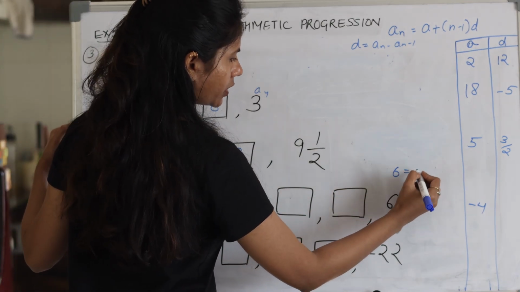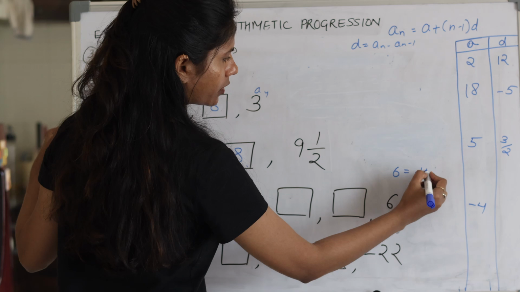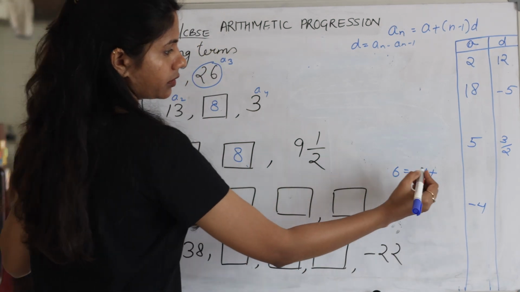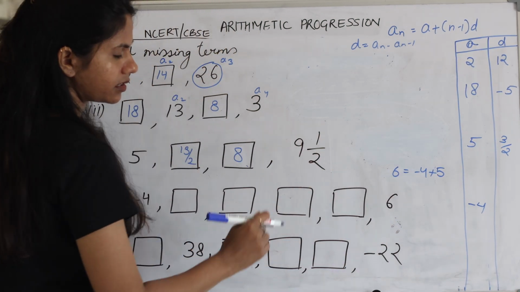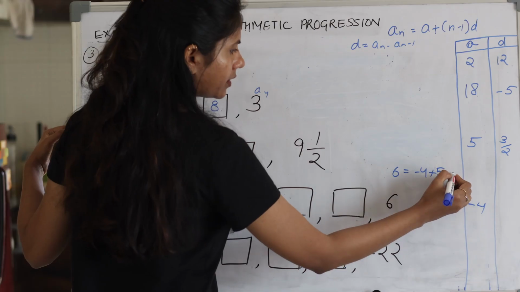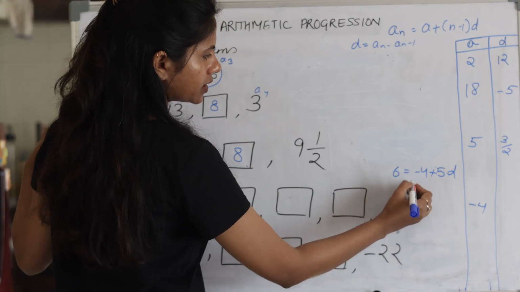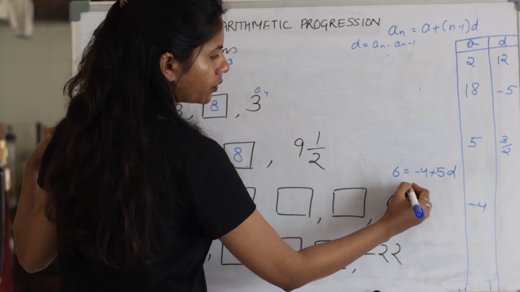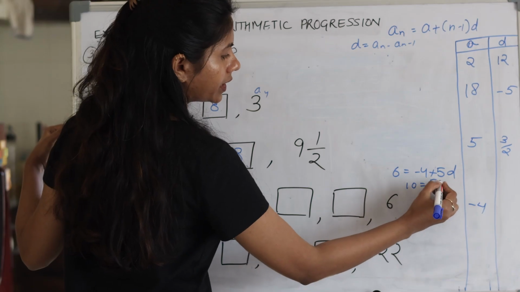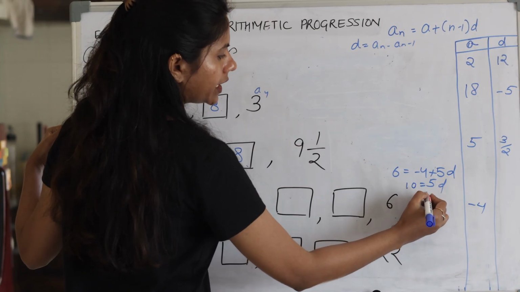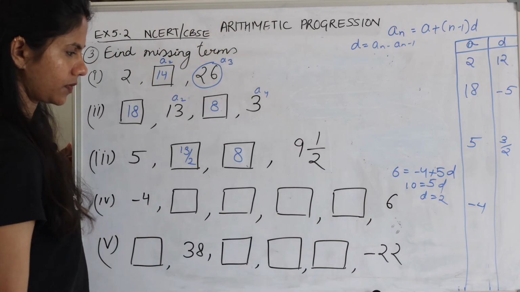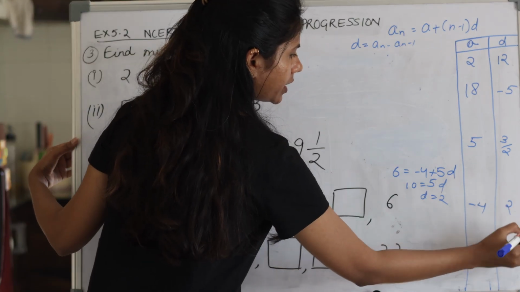So 6 equals, what is A? Minus 4 plus n minus 1. This is the sixth term, so 5, and D we don't know. Just calculate this. 6 plus 4, 10 equals 5D. Now D equals 2. Okay, we found out D is 2.